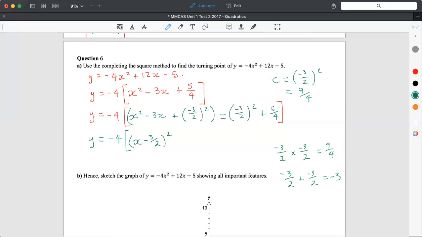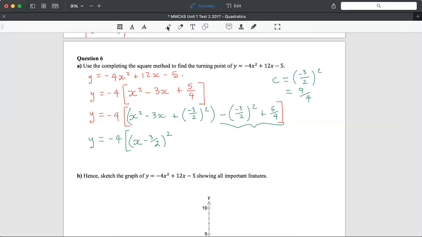Now, what we can say here is we just need to tidy this business up. And this is where it's handy to be confident with using fractions. So let's try it out. It's minus negative 3 on 2 squared. Well, let's make that 9 on 4 for now. It's going to be minus 9 on 4.